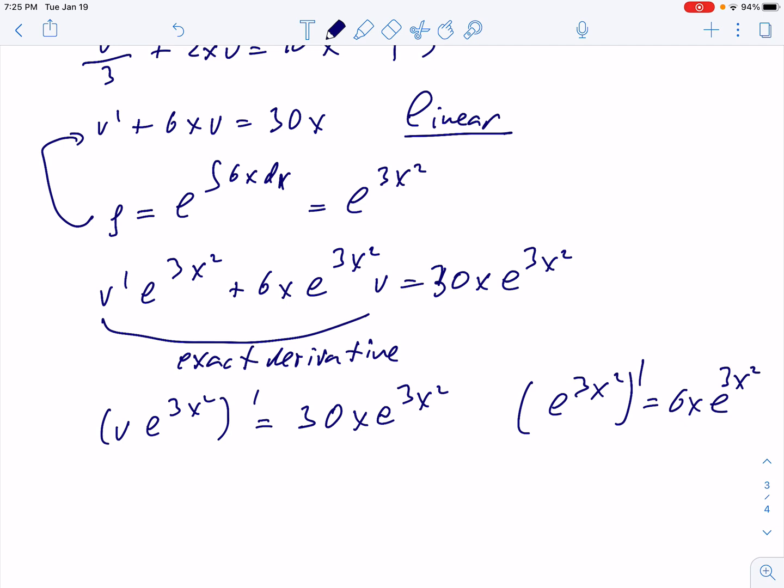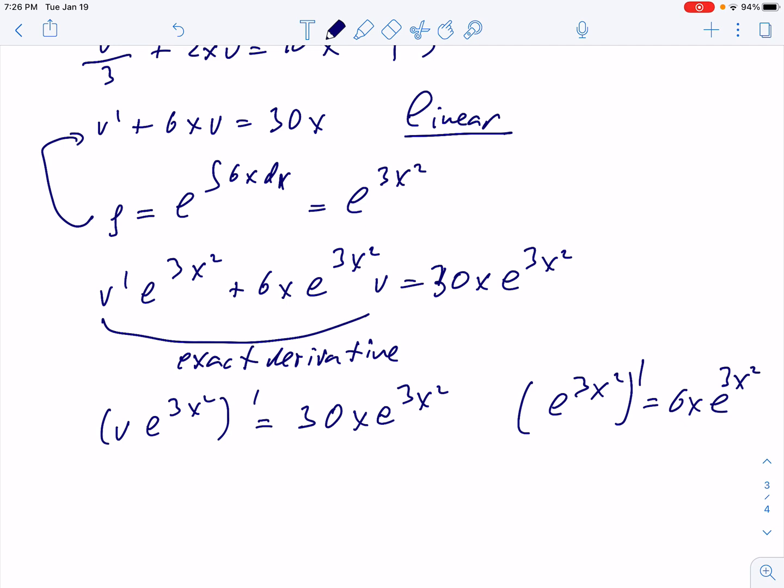If we look at the equation again, the left-hand side is exactly the derivative of v times the exponential plus the derivative of the exponential times v. By the product rule, we have an exact derivative here.